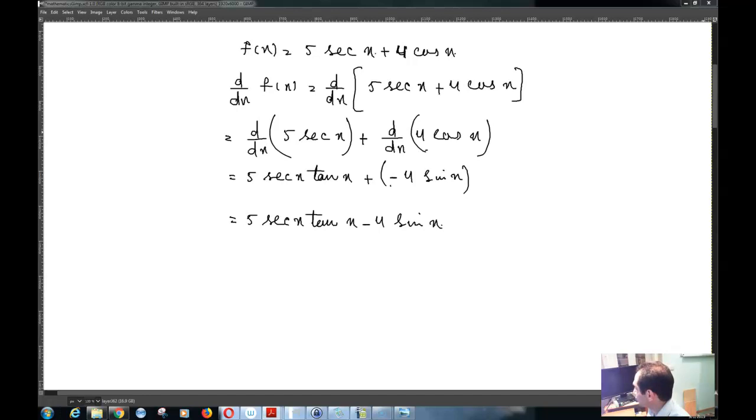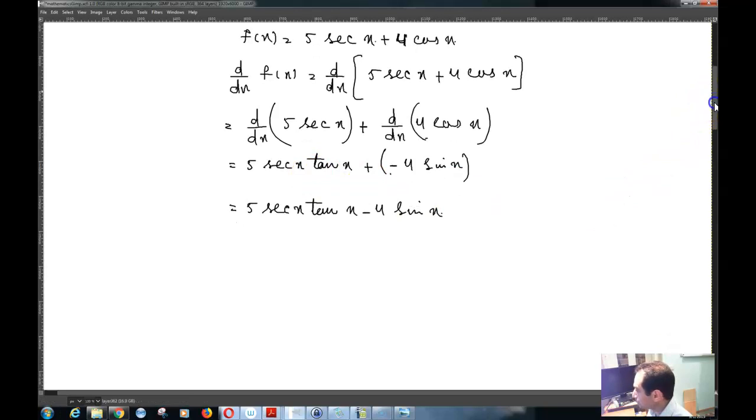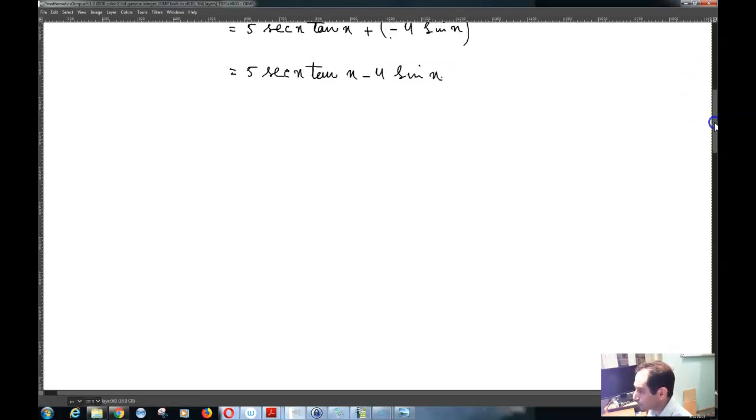Now suppose that you want to find the derivative of, for example, cosecant x. This again you need to calculate based on the first principle.